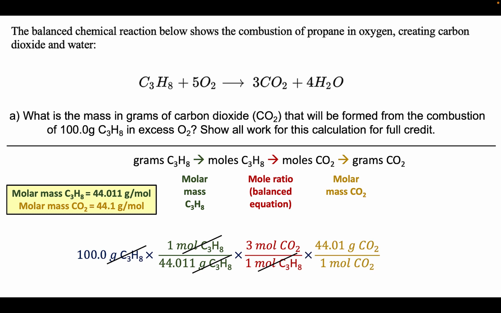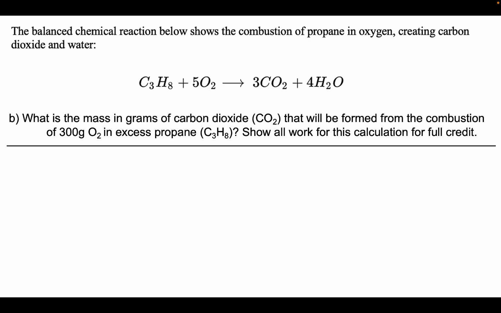Now we convert to mass of carbon dioxide, and that's pretty much the whole problem. We evaluate the whole thing, and we get 299.4 grams of carbon dioxide formed from 100 grams of propane in excess oxygen. The next question is saying, well, what if we have 300 grams of oxygen in excess propane?